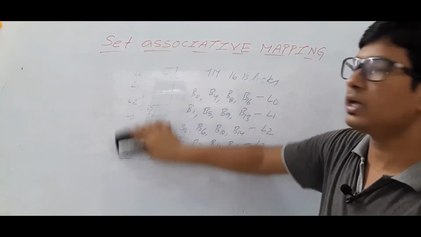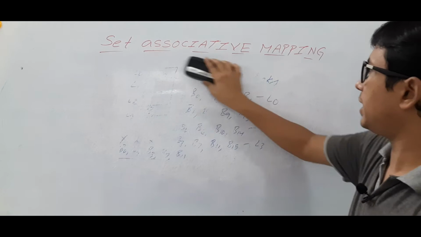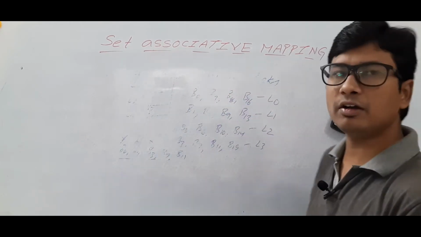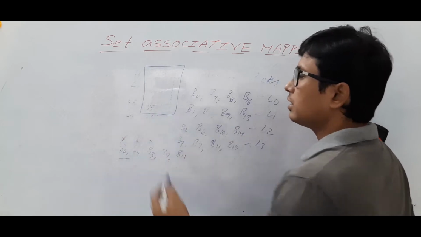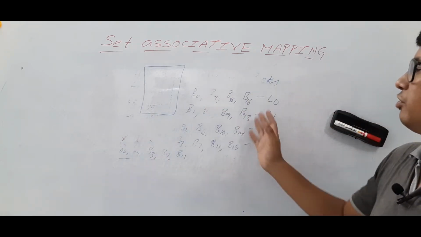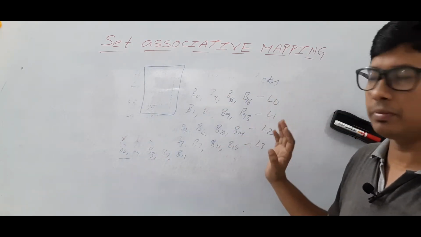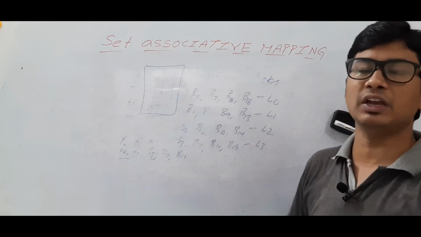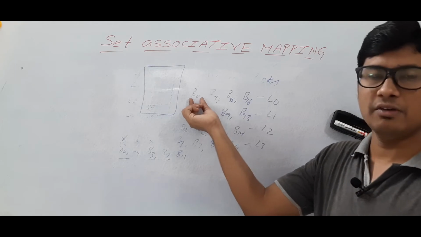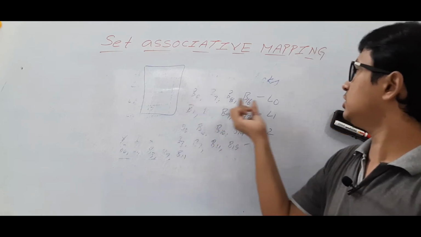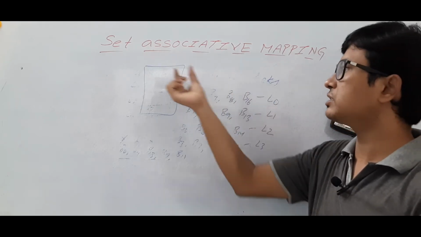And when it comes to associative mapping, what is the drawback? The drawback of associative mapping is the searching, because block number 0, block number 4, any block of the main memory can be kept in any one of the lines in the cache memory. Meaning there is no fixed location, whereas in direct mapping, block number 0 should be kept in line number 0.